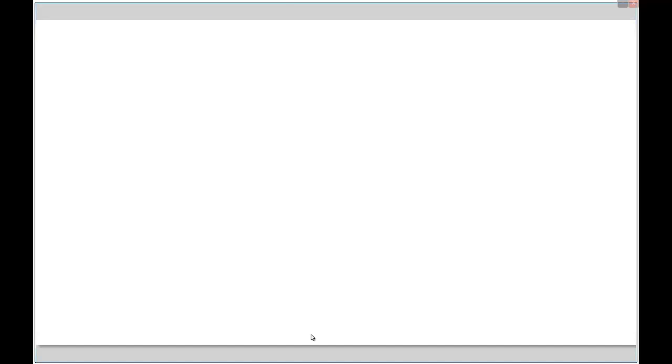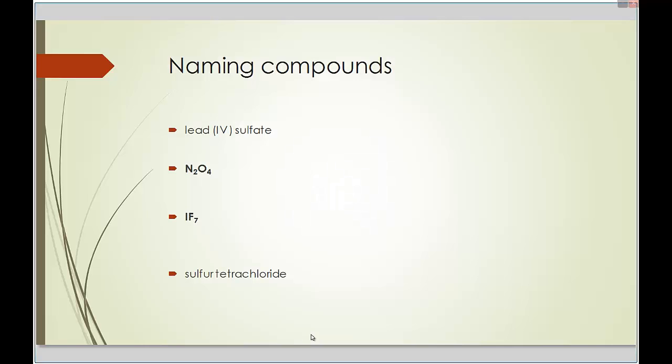Lead, Roman numeral 4, sulfate. We know lead is Pb. That Roman numeral 4 tells me it has a +4 charge. Sulfate is SO4 2-. Once you figure out the charges in the ions, you want to crisscross the charges.